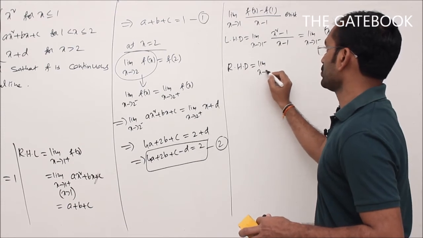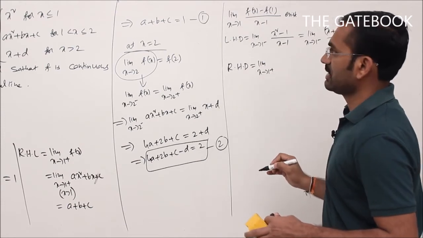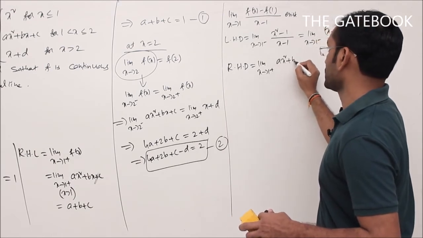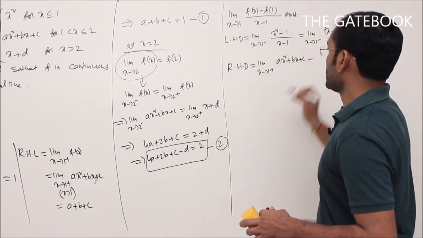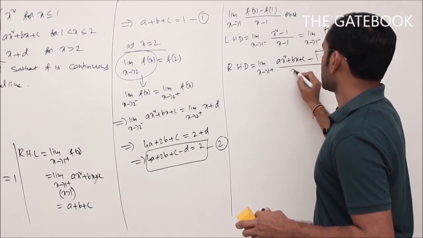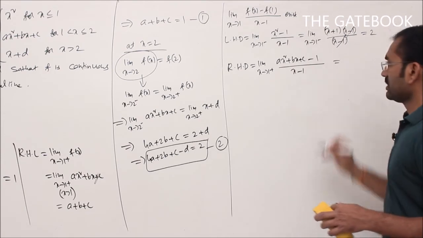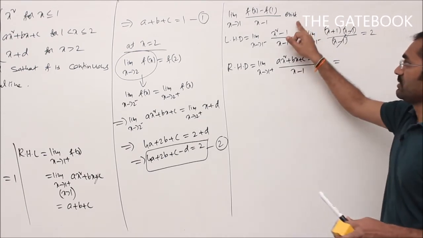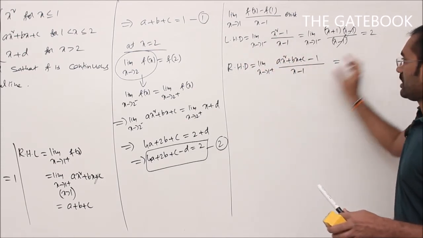Limit x tends to 1 plus. So when x greater than 1, we get the corresponding function x square plus bx plus c minus f of 1, which is 1, by x minus 1. Now here it is given that function is differentiable at x is equal to 1, means LHD must be equal to RHD.